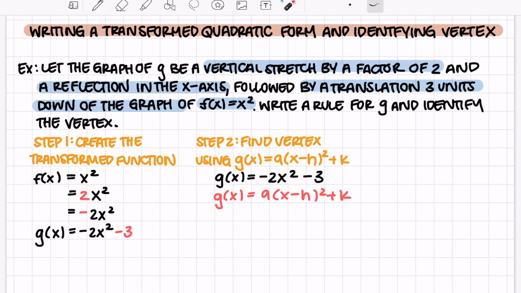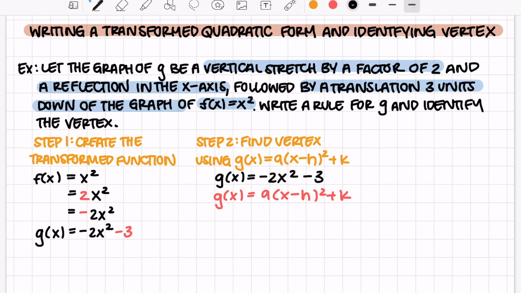So if I were to rewrite in this format, I do see that I have my a already shown, but the difference here between g of x equaling negative 2x squared minus 3 and the vertex form is that there's more information provided in the parentheses. So I want to do the same thing to this equation here. I want to add more information and find out what my h is.